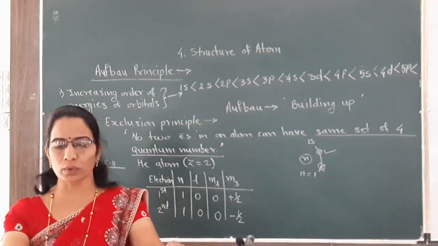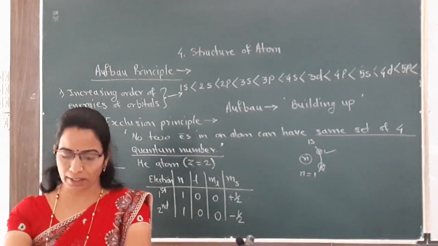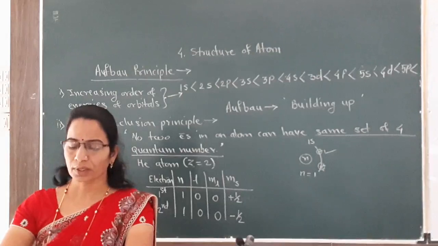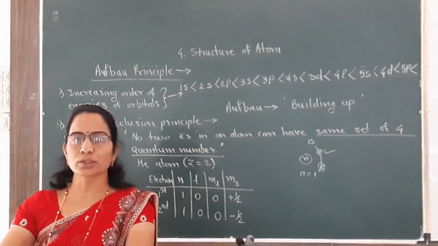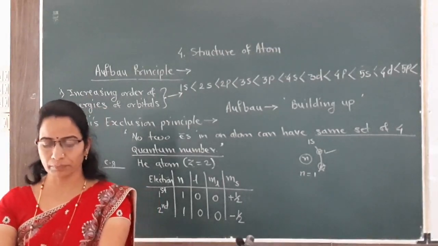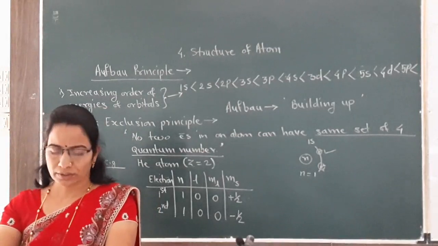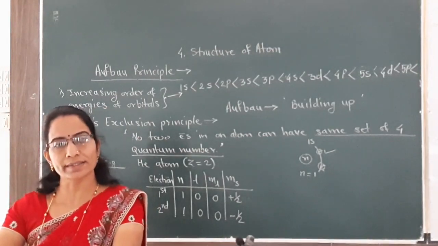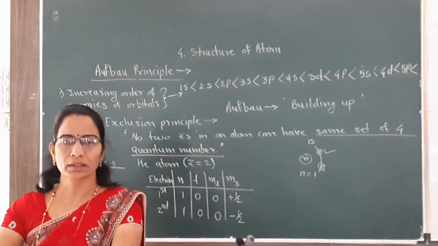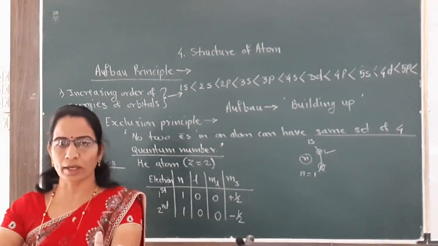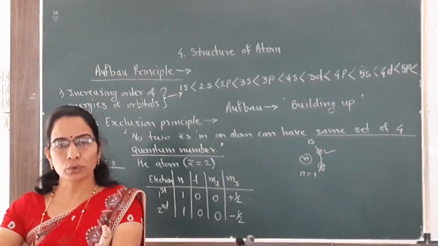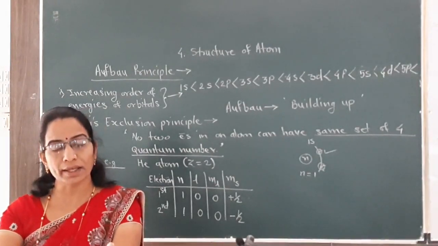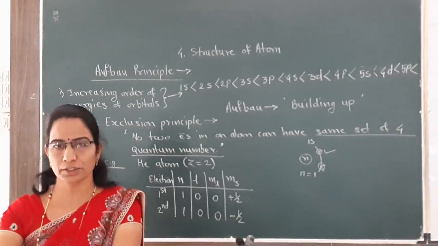So no 2 electrons in an atom can have the same set of 4 quantum numbers. This principle can also be stated in another manner: only 2 electrons can occupy the same orbital, and they must have opposite spin.